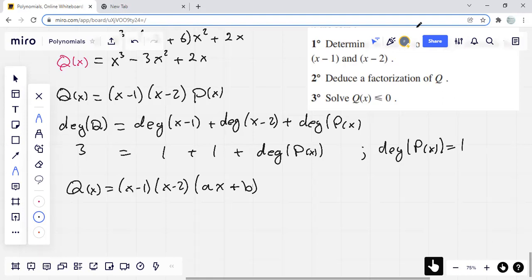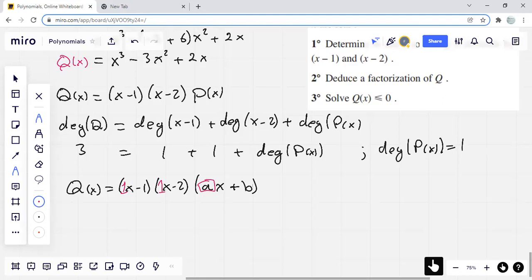We can do it by writing it in this way: ax plus b. I gave you a note in class that the coefficient here of x is 1. Here the coefficient of x is 1, and here the coefficient of x is a. Now when we multiply, we'll only get one term, x cubed.